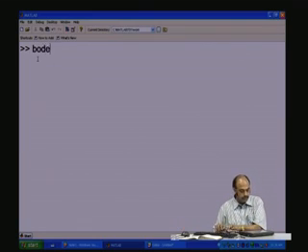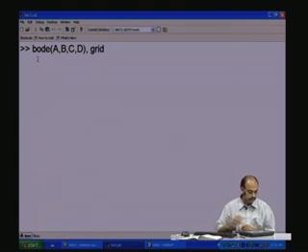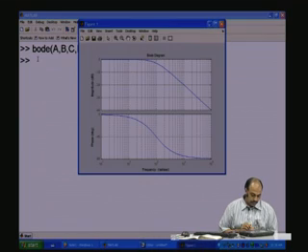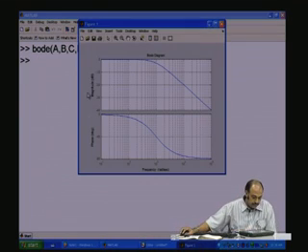I will use Bode, A, B, C, D, and the grid. So, it calculates and it gives a plot. You see, I told you that we are having two plots. One is the magnitude plot versus frequency. The other is the phase in degrees versus frequency.